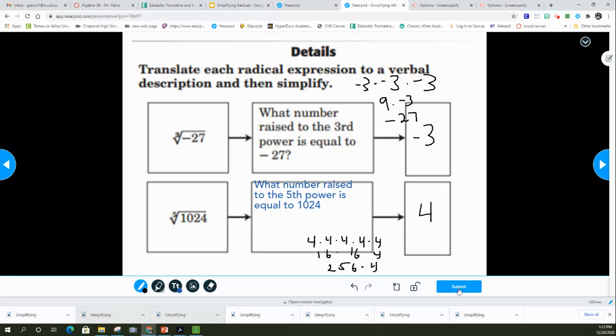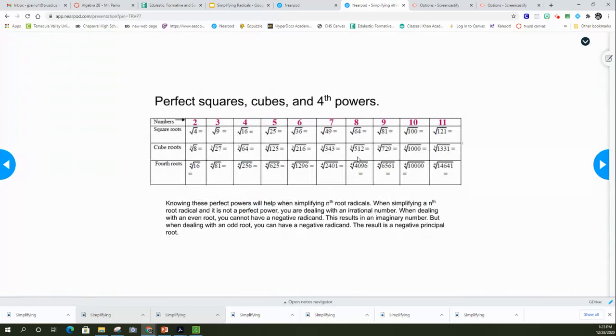All right, hit submit, and it takes you to the next page. So here, this is just for your viewing pleasure. I would screenshot this or write it down. When we're in class, if we're in class, I would let you use this table on tests and quizzes. It's just the first 11 perfect squares, the first 11 perfect cubes, the first 11 to the fourth power.